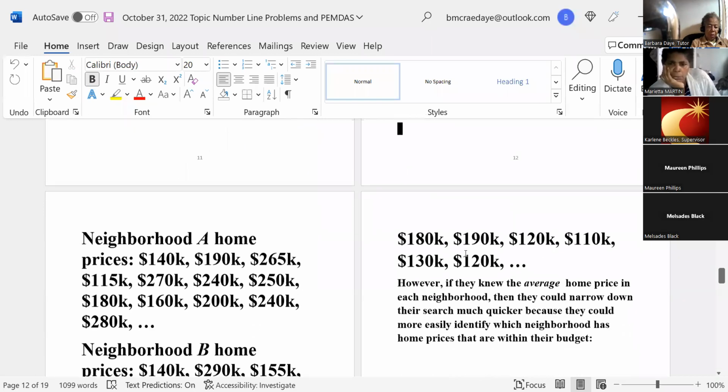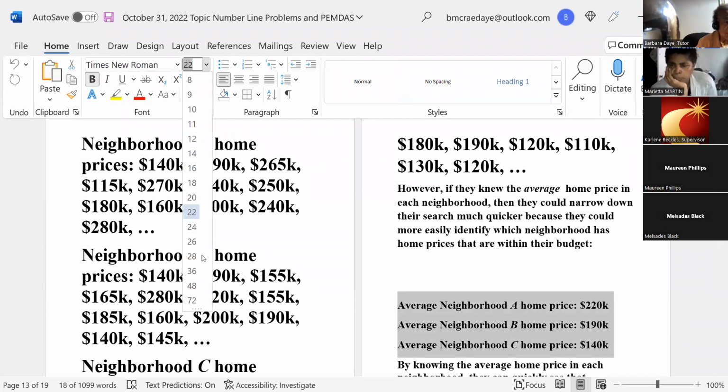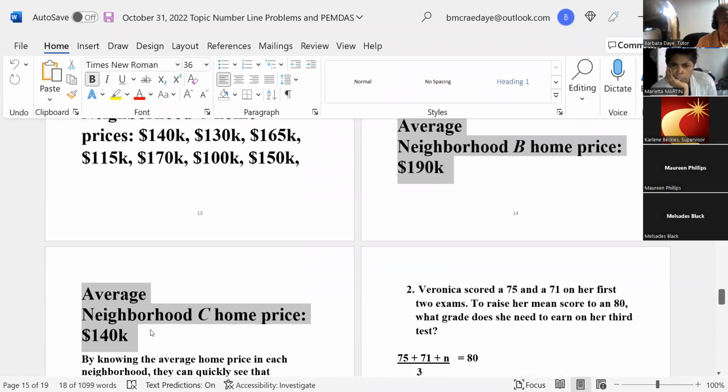You have neighborhood A with all the prices, neighborhood B, and C. If they find the average or mean of these prices, they'll know which neighborhood they can more afford to buy a house in. They found neighborhood A's average is 220,000. Neighborhood B is 190,000. And neighborhood C is 140,000.